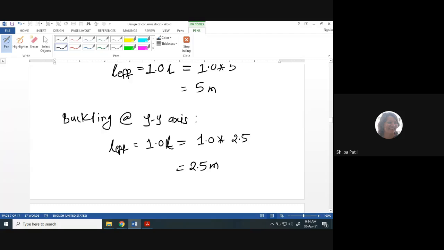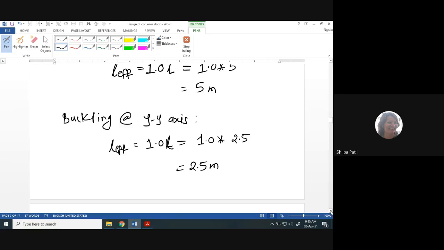Okay. Now when I want to find out the slenderness ratio about ZZ axis, that is when considering buckling about ZZ axis, I have to consider RZZ value to find out the slenderness ratio. And when I consider buckling about YY axis, I have to consider RYY to find out the slenderness ratio. Okay.